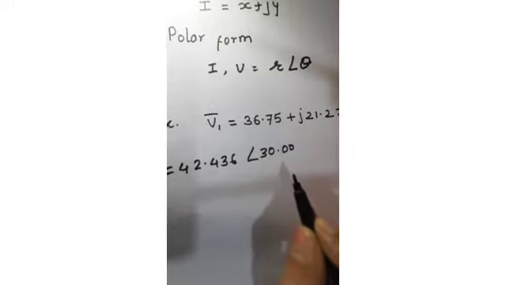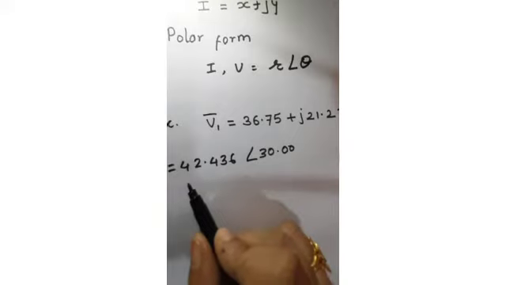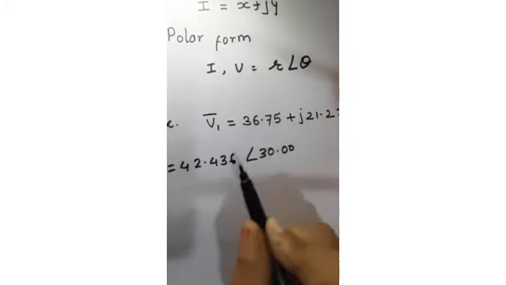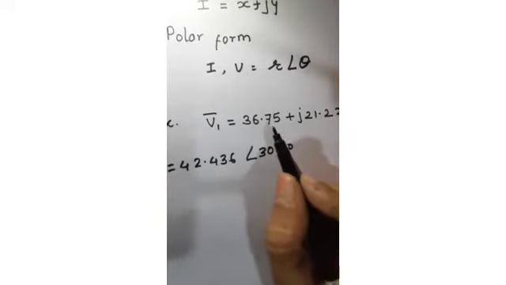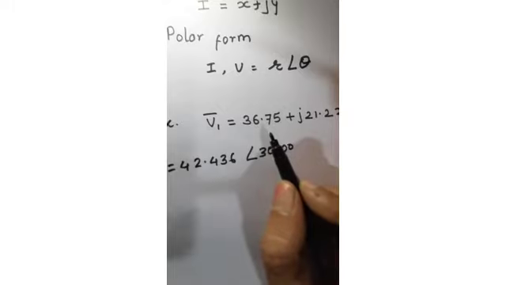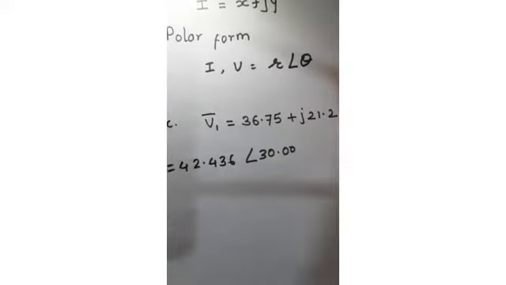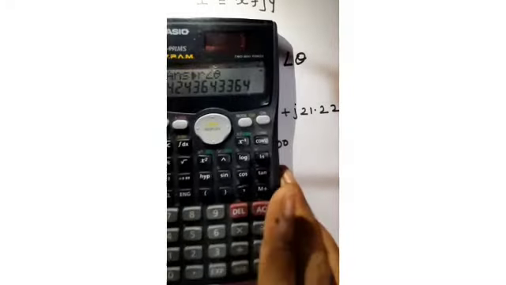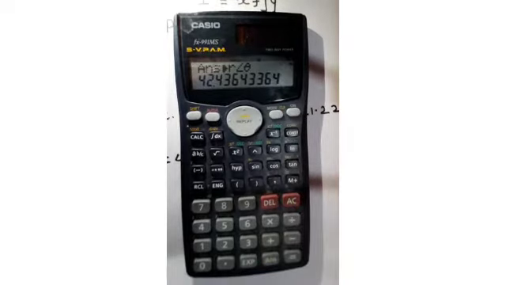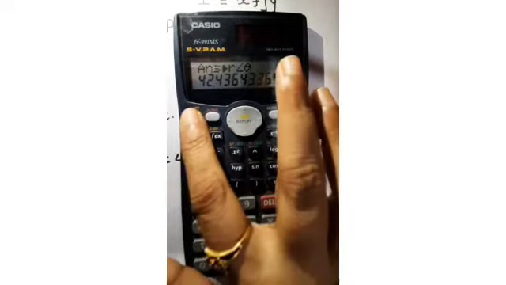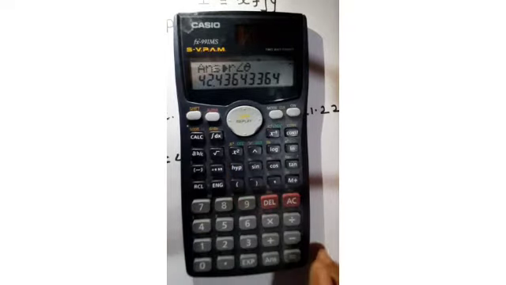Okay. Similarly, if you want to convert this polar quantity into a rectangular quantity, what can you do? Simply feed the calculator with the given data. Now we have this answer on display. I want to convert it again into rectangular form. Then press shift, now press the minus sign.